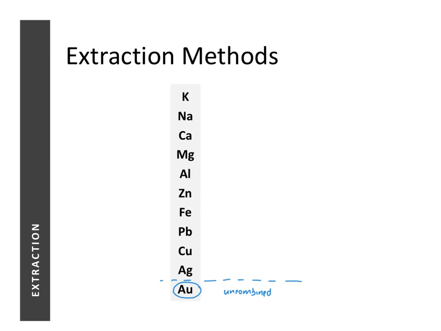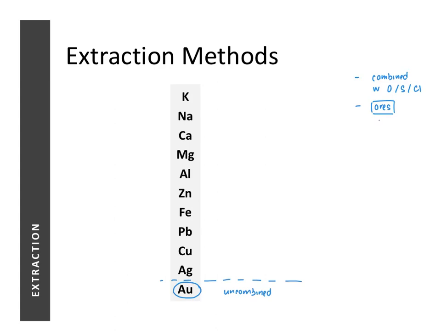For all other elements in the periodic table, if you were to find them in nature, it's likely to be combined with other elements such as oxygen, maybe sulfur, chlorine, or even carbon. So the metals in these compounds, we call them ores.